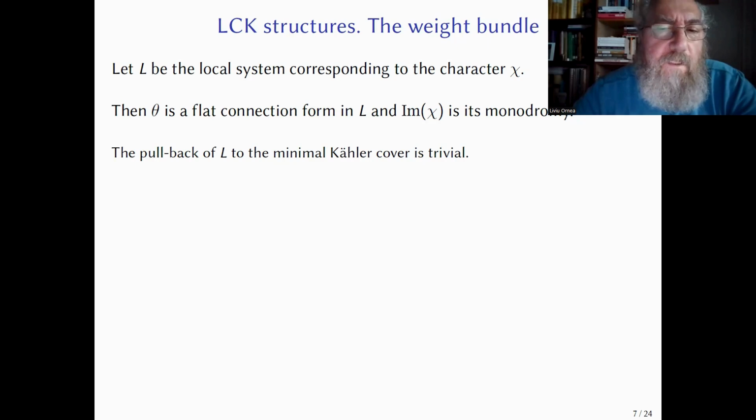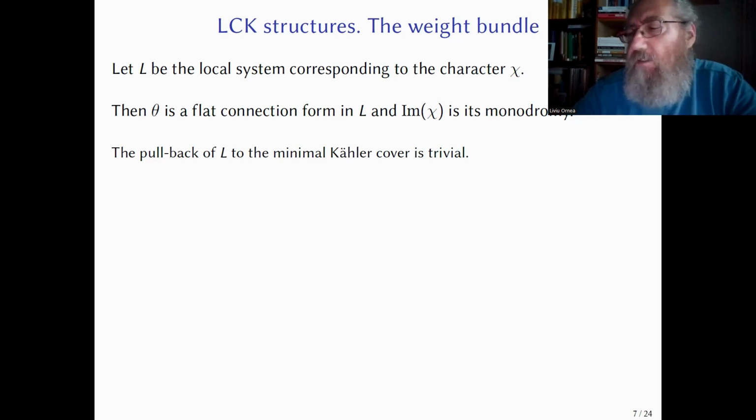The minimal cover can be then characterized by the pullback of this bundle being trivial. On the other hand, the name weight bundle comes from conformal geometry. Again, this is very well explained in Gauduchon papers.